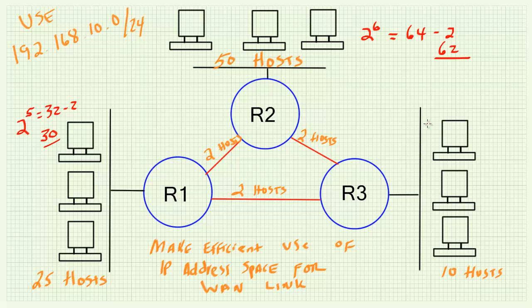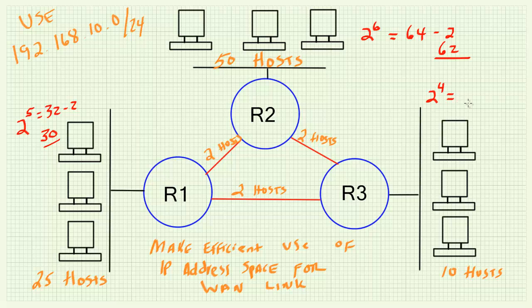How about over here at location 3, where we need 10 hosts? Once again, the same routine. We're going to take 2 and raise it to some number, depending on how many bits we decide to use. So if we take 2 and raise it to the 3rd power, assuming that we're going to maybe grab 3 bits for the host, 2 to the 3rd, what is that? That is 8 values, and we need 10 hosts, so that's not going to be enough. So what if we take 2 and raise it to the 4th power?